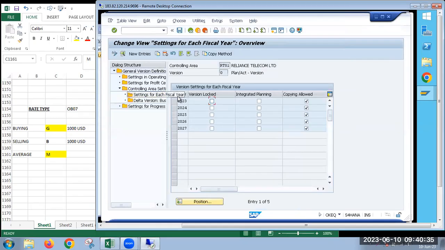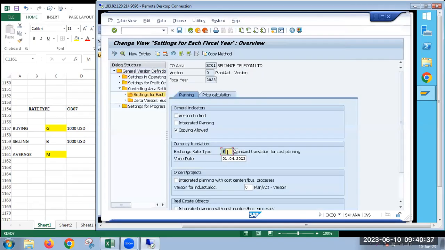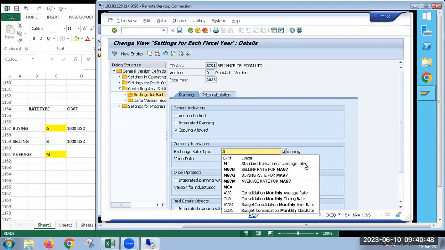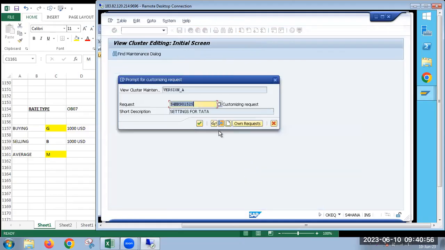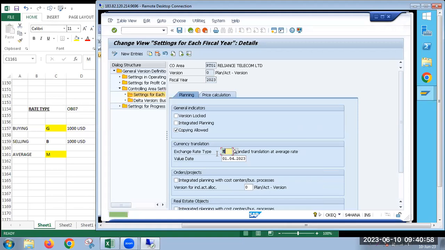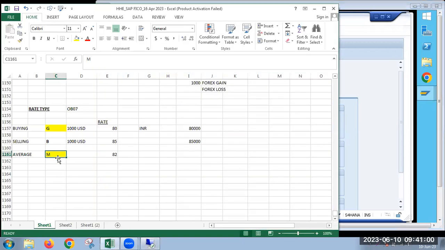A rate type was there. Somebody has changed it, but we saw this rate type at that time. Based on the rate type, the transactions will happen from one currency to other currencies.